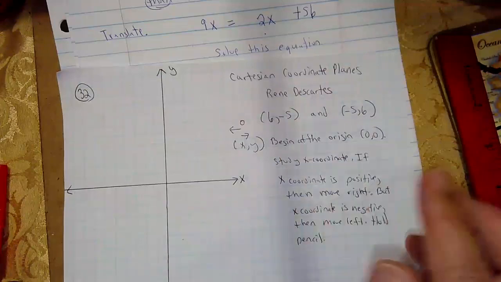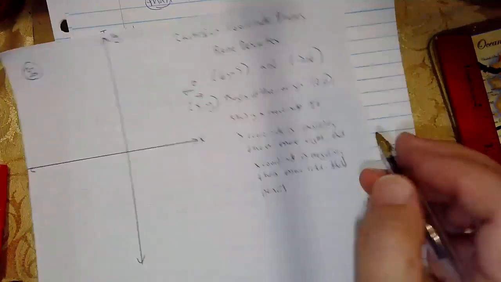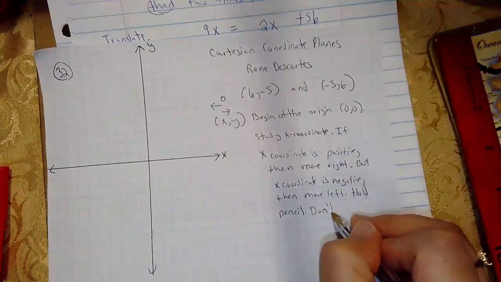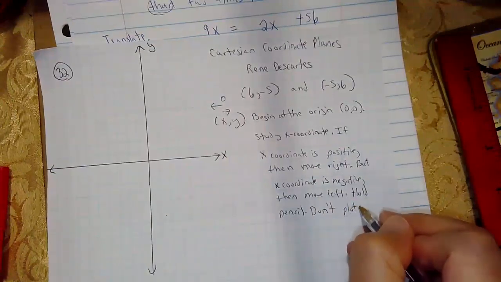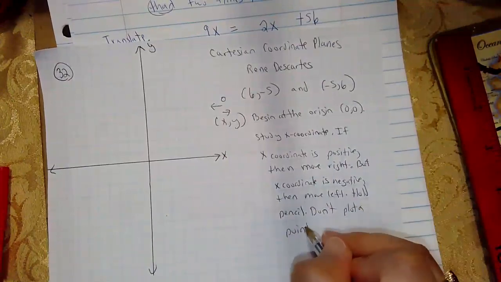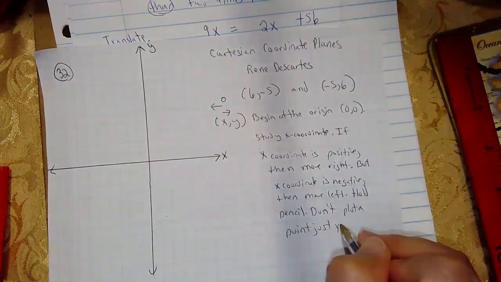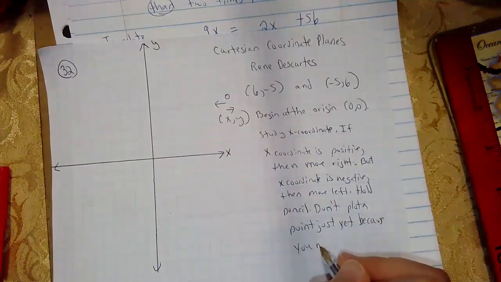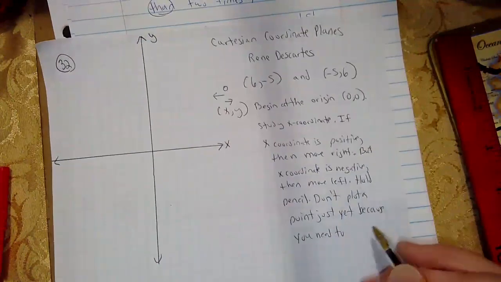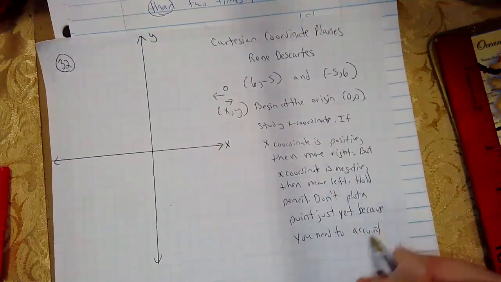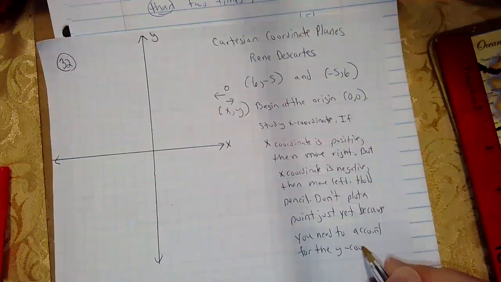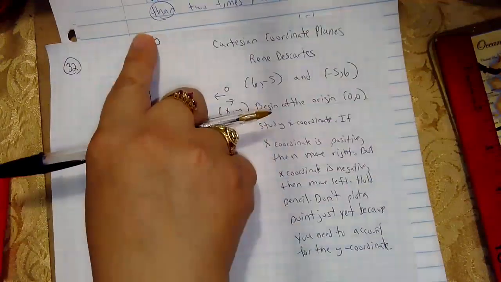So then you hold your pencil, don't plot a point just yet. Why? Because you need to account for the y coordinate. You see this y-axis here.